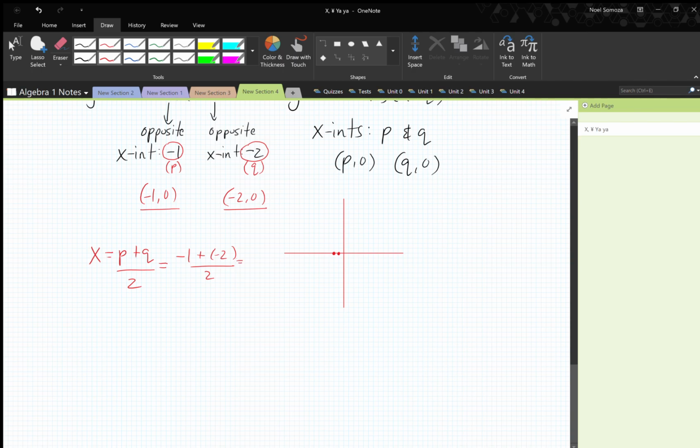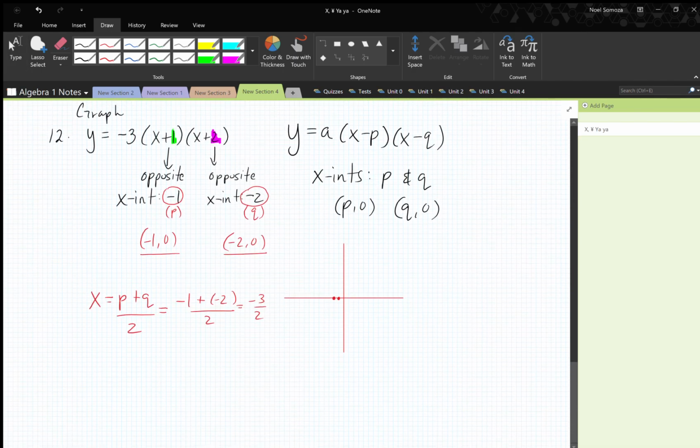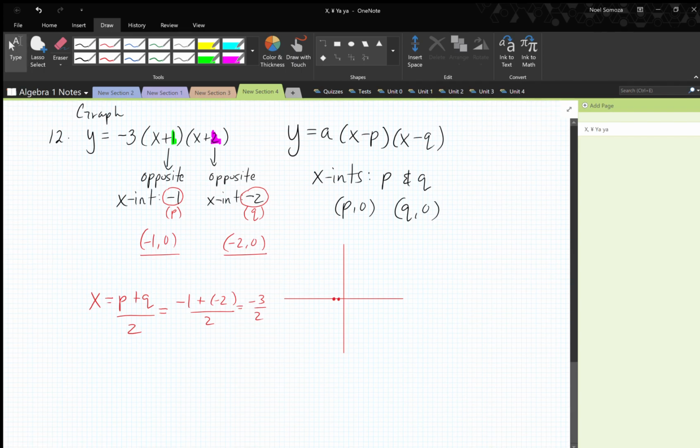Negative 1 plus negative 2 is negative 3 over 2. It's a little bit tricky because it's a fraction, but let's see if we can figure this out. So x equals negative 3 over 2.